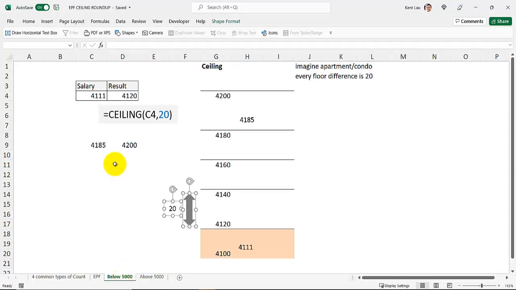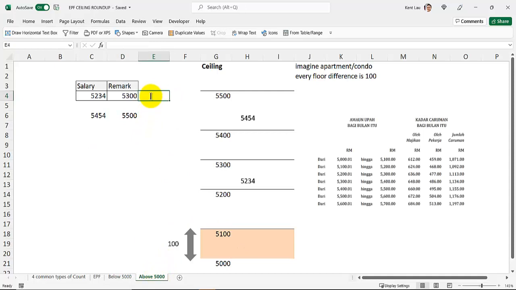Once you got the ceiling, you can go for the next step, which is to times the 13%. So you take this amount times 13%, 0.13, and you get 535.6. Then here you do the same. This one times 0.13, you get 669.